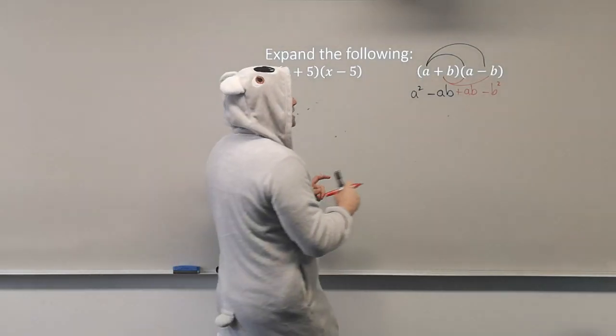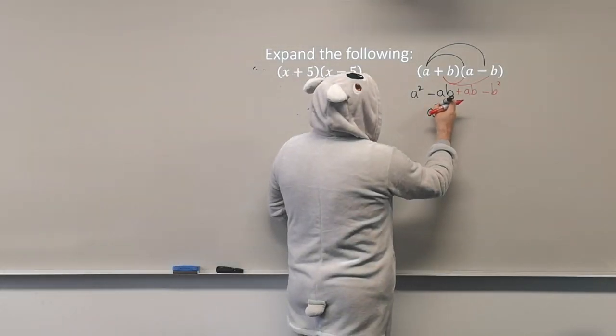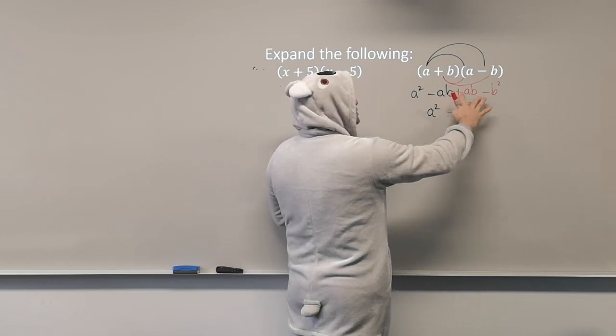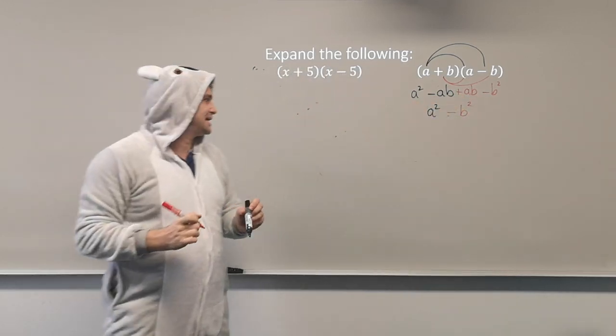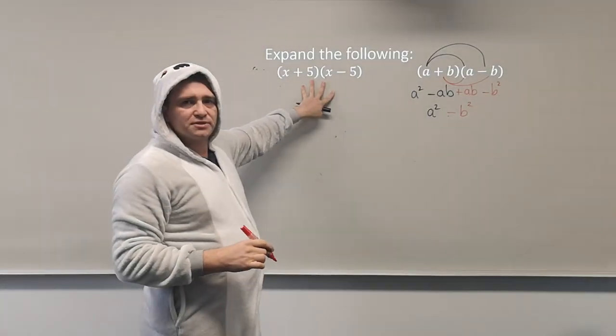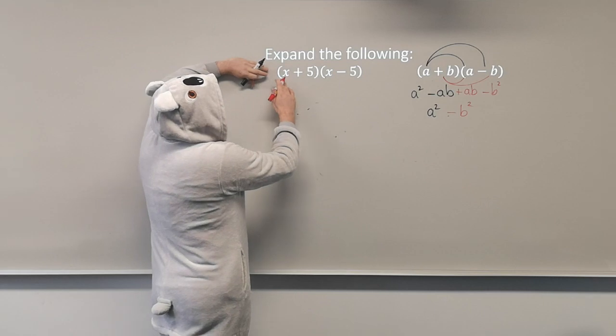When we collect our like terms, we're left with a squared minus b squared, because we have a positive ab and a negative ab.